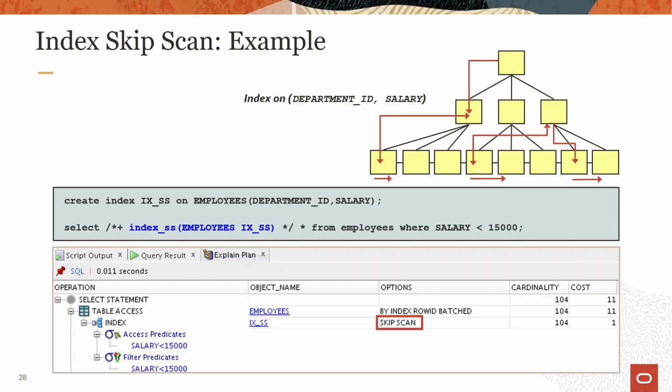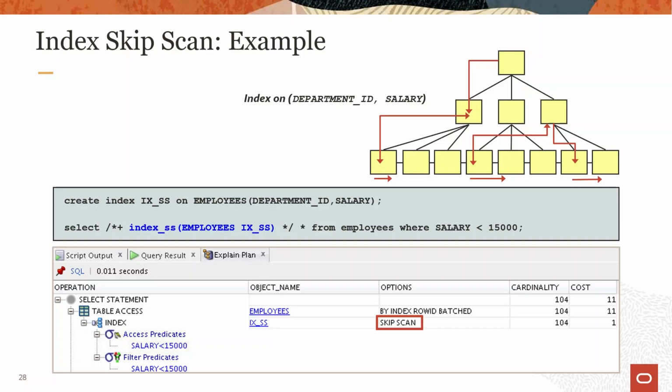So what he will do is you have smaller sub-indexes that are being created logically, and he scans the range of department ID, and from the moment in that range he sees a salary bigger than 15,000, he stops scanning that sub-index, and he will jump to the next group, which is then department ID 20, and scans which department IDs are 20 with a salary smaller than 15,000.